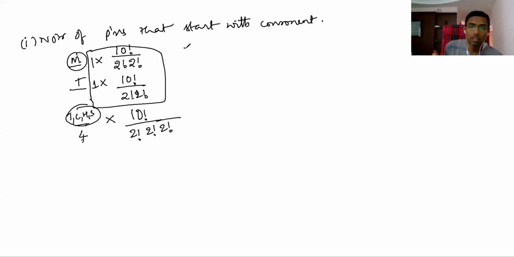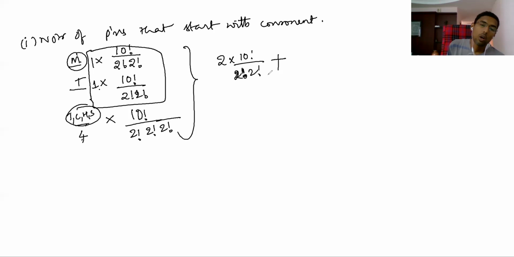So therefore, the answer for this question is 2 into 10 factorial by 2 factorial into 2 factorial. So 4 cases in which you get 10 factorial by 2 factorial, 2 factorial into 2 factorial. Answer is this. Somebody asked. Okay, all right.